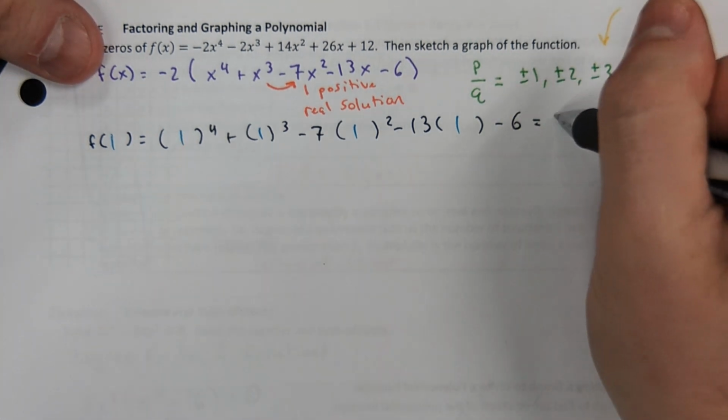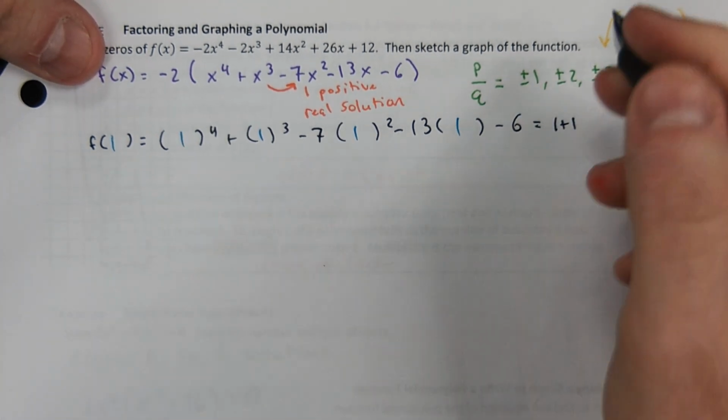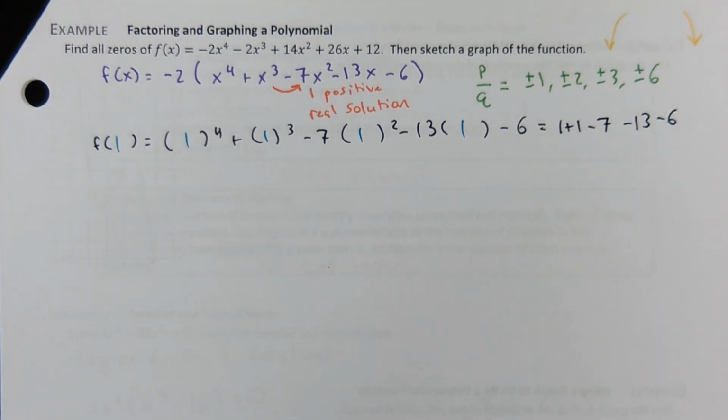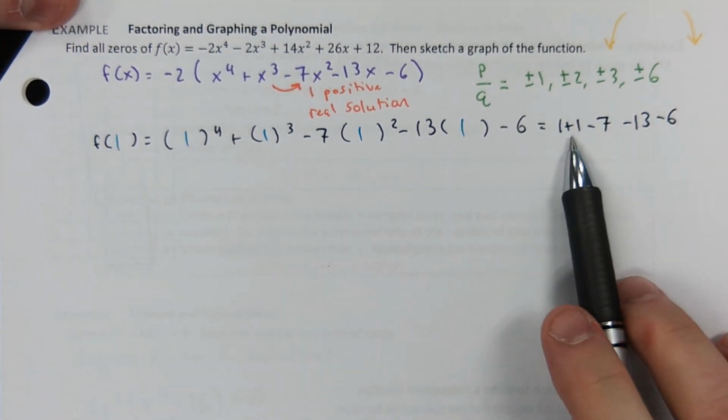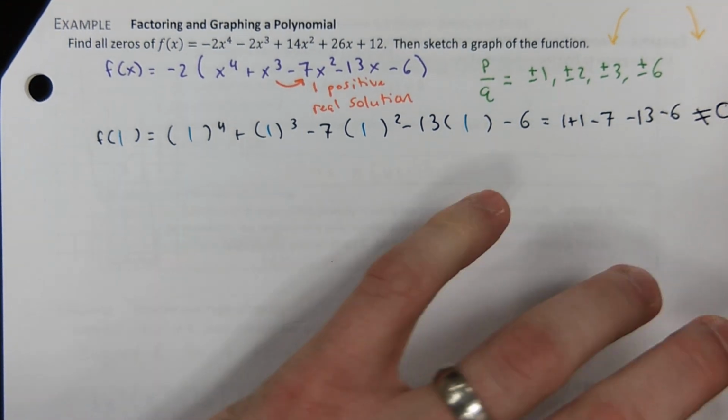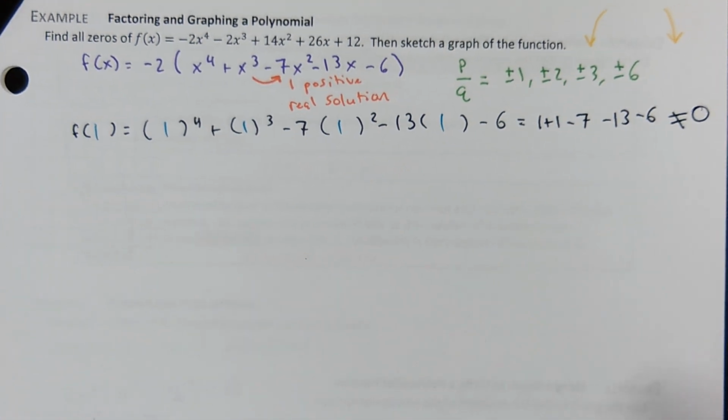One plus 1 minus 7 minus 13 minus 6. Okay, there's no way that 2 minus all these numbers equals 0. I don't know what it is. I just know it's not 0, and that's all I care about. I'm trying to get a remainder of 0 so I can find a factor slash solution.